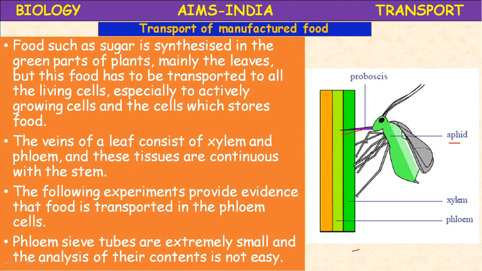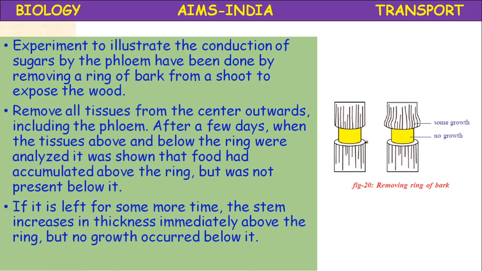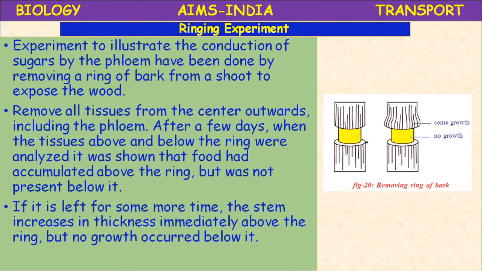The experiment can be done in this way. An aphid is killed while it is in the act of feeding, and the body is then carefully cut away, leaving the hollow proboscis still inserted into the phloem.